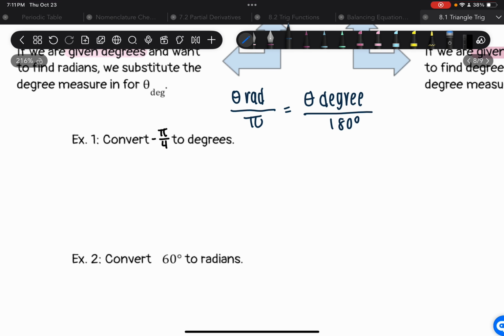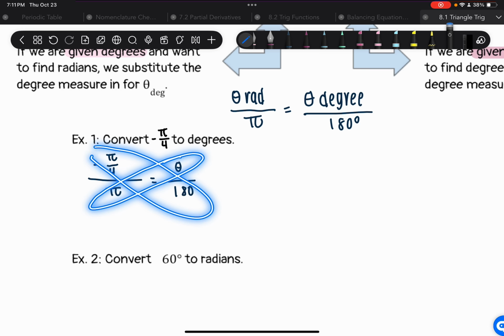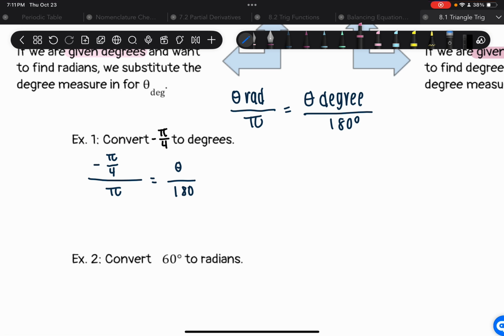So my given value is negative pi over 4, so I'm going to write that down. Negative pi over 4 over pi equals theta over 180. And now what I'm going to be doing is kind of like a cross multiply situation. So I'm going to be cross multiplying these together.